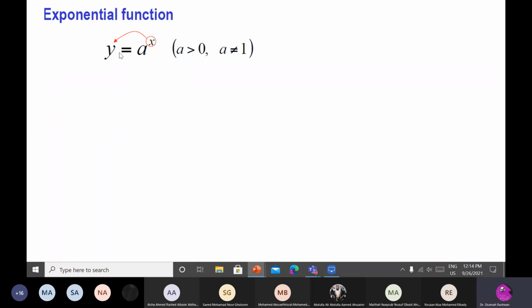We know the exponential function is increasing all the time if a is positive, right? So it's increasing. And of course, a is not equal to 1, just to be a defined value. This is the function y equals a to the x. The exponential function is always increasing, right? Okay, but when x goes to minus infinity, it will be 0.